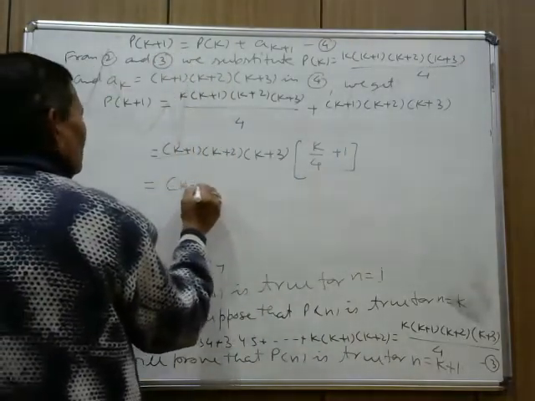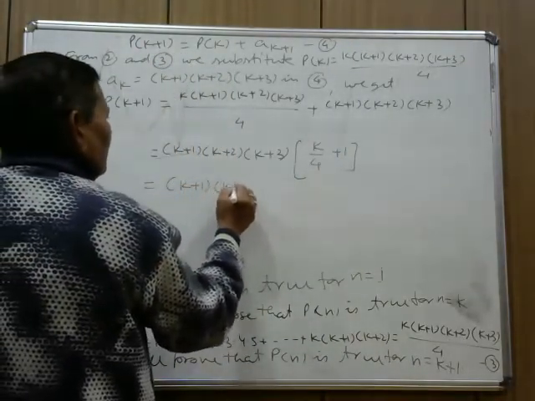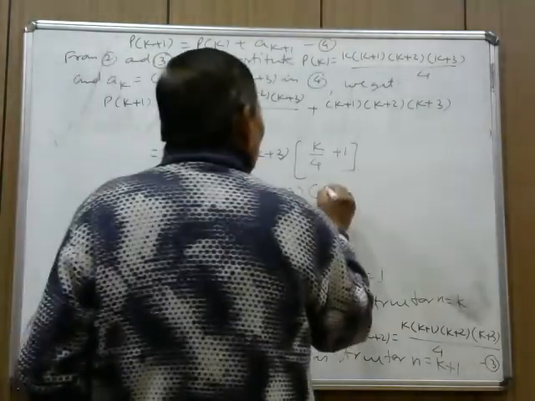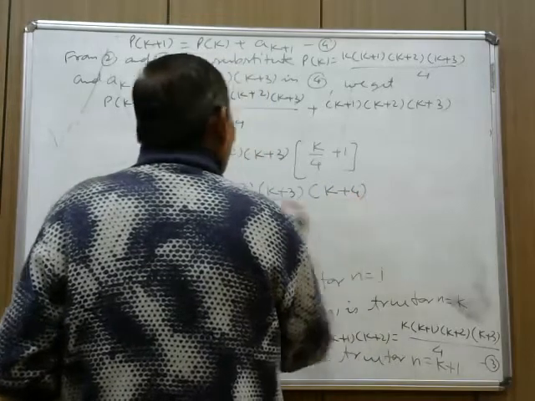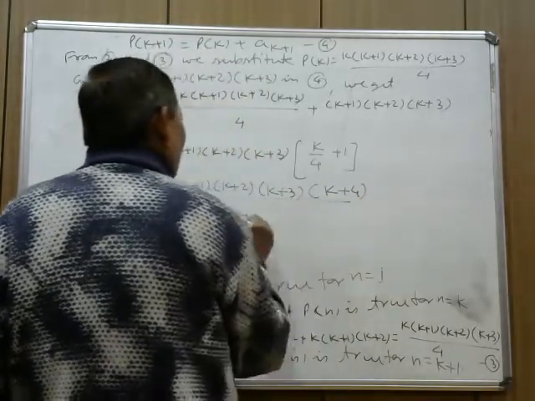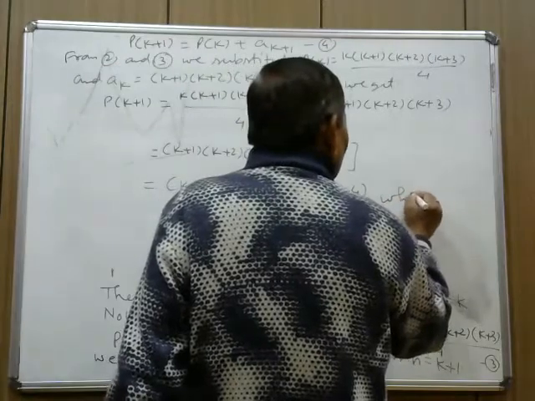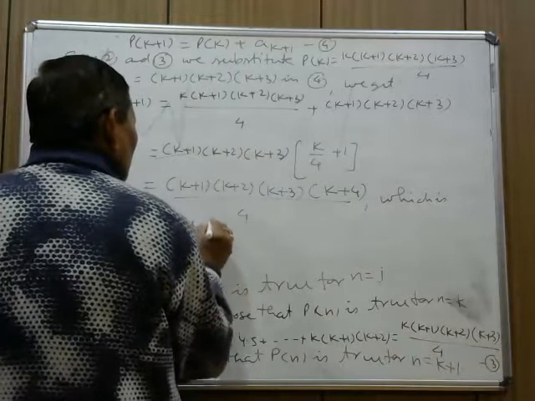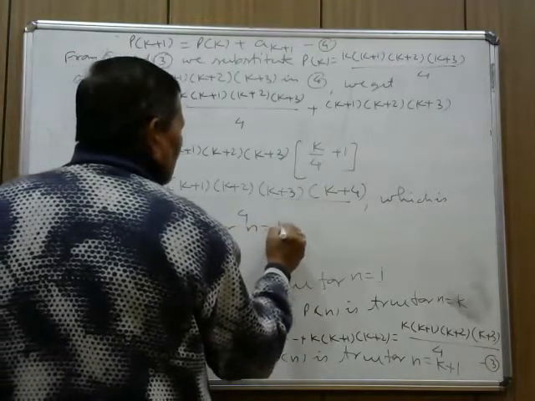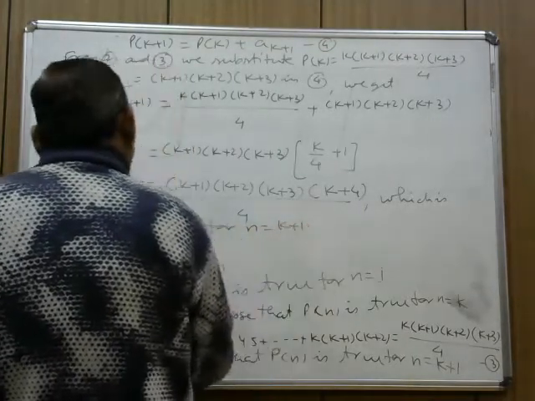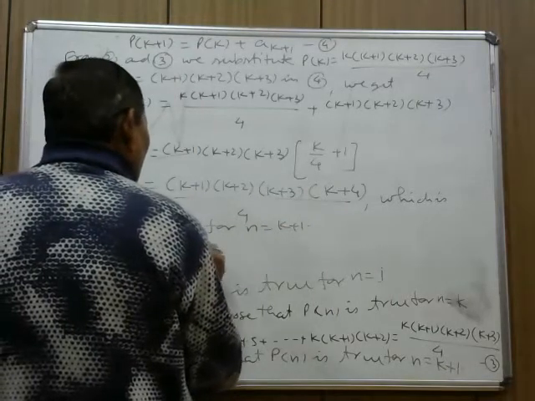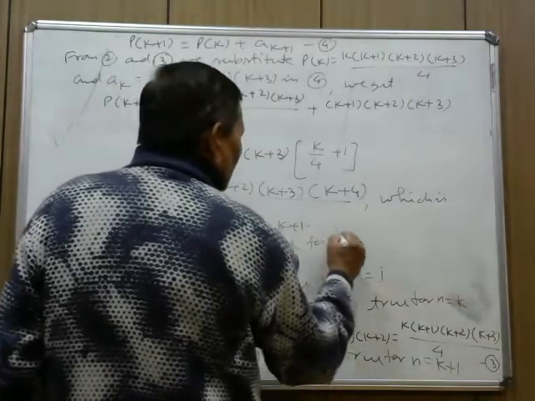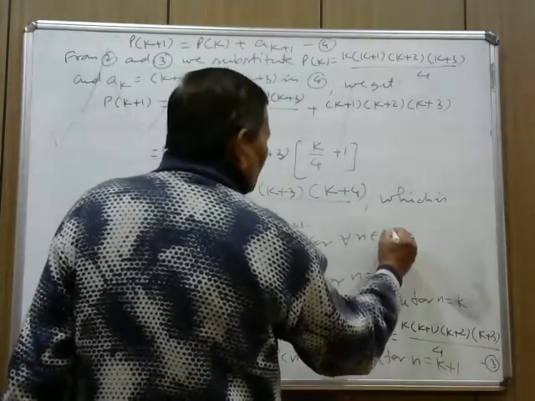This equals (k+1)(k+2)(k+3)(k+4) by 4, which is true for n equals k plus 1. Hence, Pn is true for each n belongs to N.